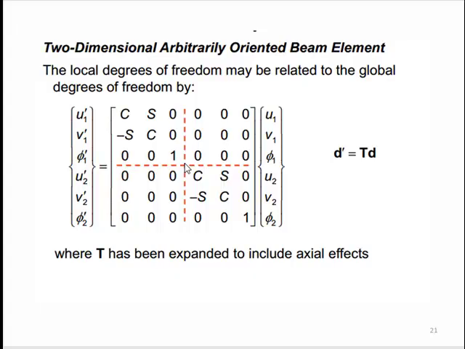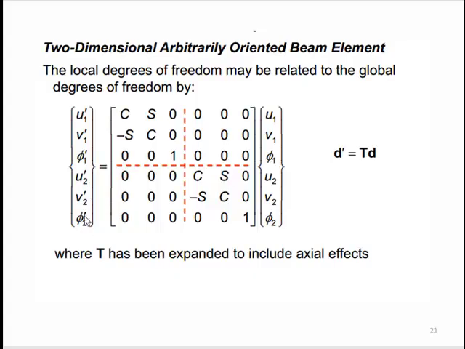If you look at the first row, u1 prime comes out to be c u1 plus s v1. That's our old relationship. Similarly, v1 prime comes out to be minus s u1 plus c v1. That's again an old relationship. And phi 1 prime will come out to be phi 1.